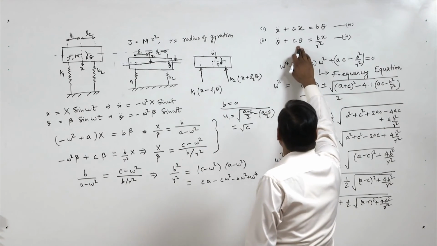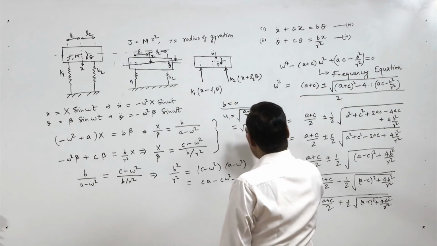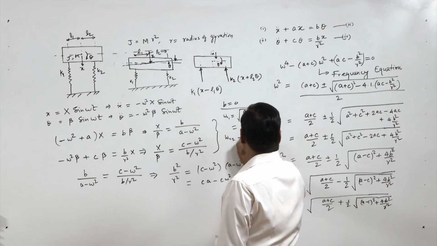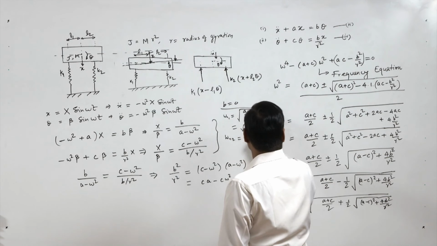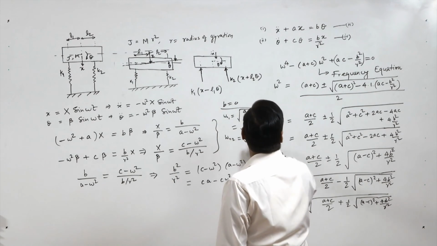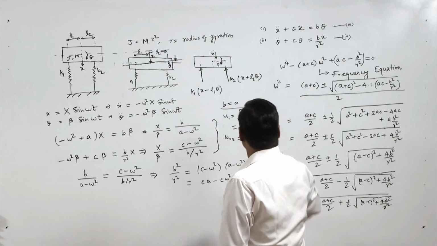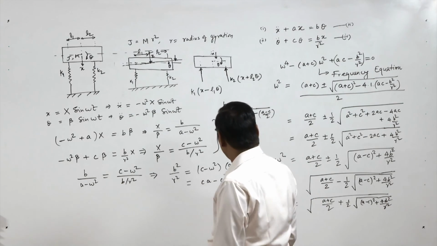So, this is the natural frequency of this degree of freedom, and omega n2 equal to, it is plus, so it is under root a. So, that is the natural frequency of this system. Okay.